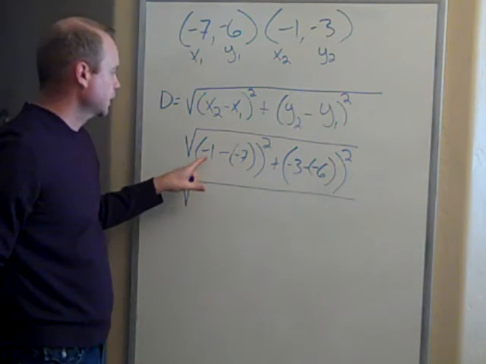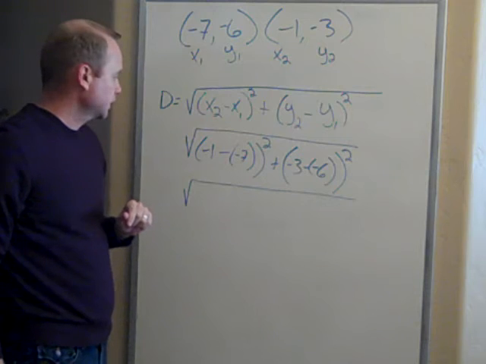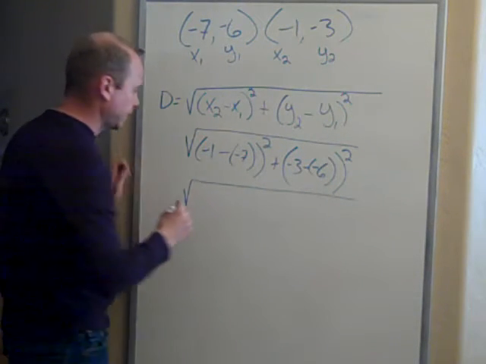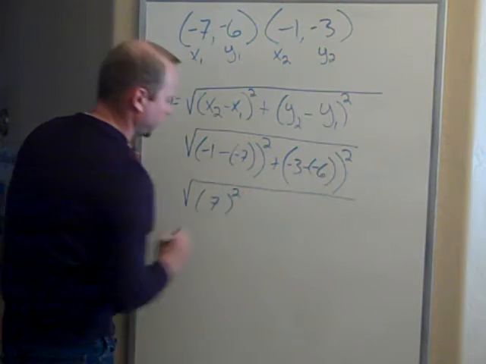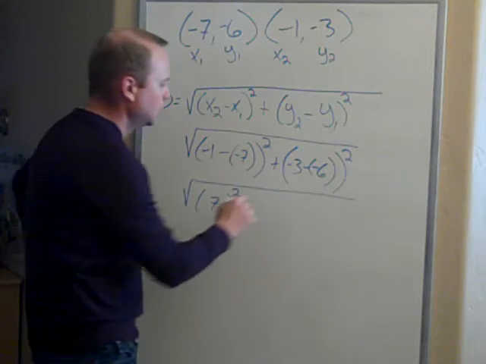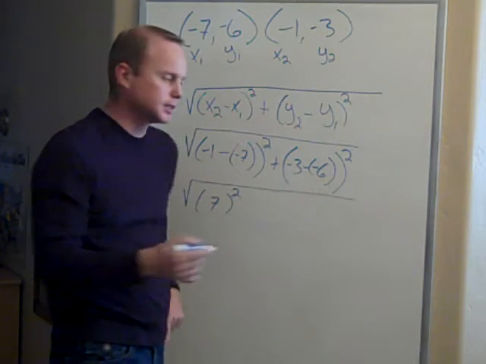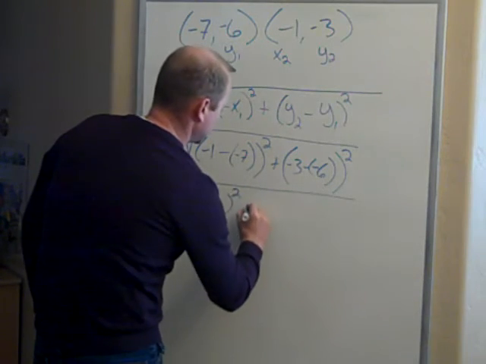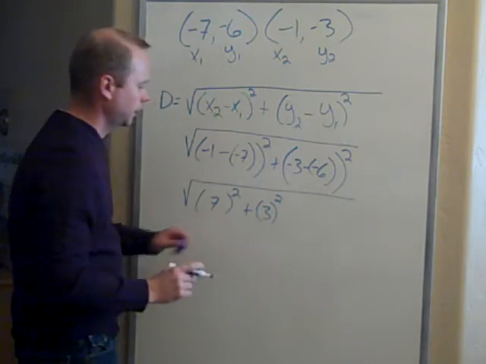Okay, so now I've got negative 1 minus negative 7, and that's going to put me at negative 1 plus 8. Negative 1 plus 8 would be 7. 7 squared. On this one I've got negative 3 minus negative 6, that's going to give me a positive 6. Negative 3 plus 6 is going to be 3. Plus 3 squared. Okay.